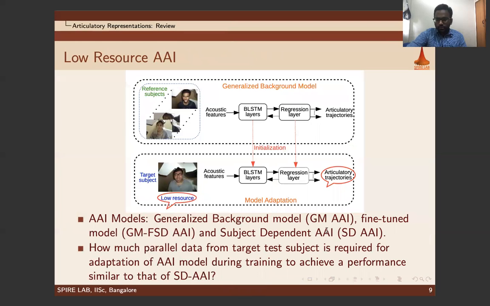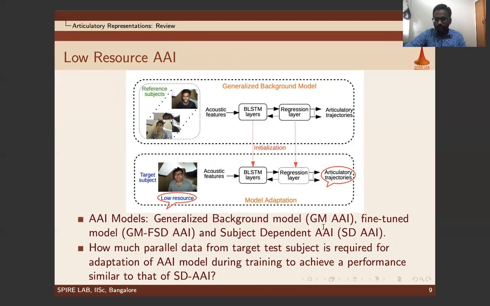In low resource acoustic to articulatory inversion, the objective is to reduce the demand of acoustic articulatory data on the target subject given the data from the reference subjects. Instead of training AAI in a speaker-specific manner, initially we pool the acoustic articulatory data from multiple speakers and then train an AAI model referred as generic background model AAI.